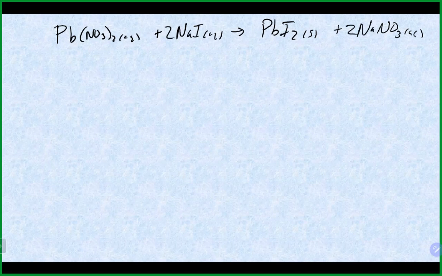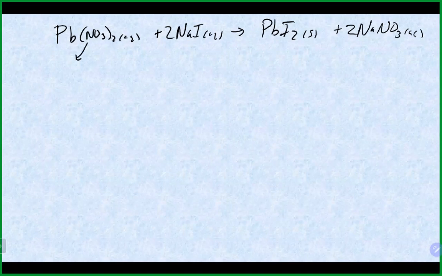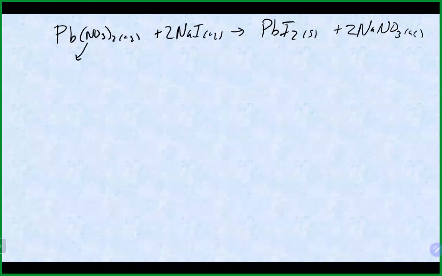All right, so this is the molecular equation, but because what we have here are a lot of strong electrolytes, we could write another equation to represent what's really happening when you dump all these guys into the beaker together. What's going to happen is this guy here is going to break apart into ions because it's a strong electrolyte, so it will not stay together. And really what we would have is Pb2+.